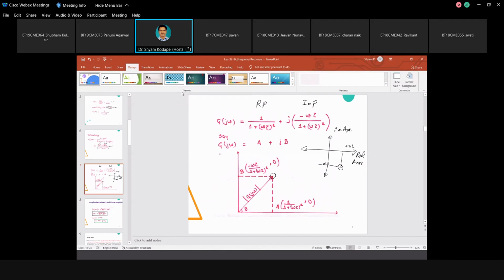Now let's see. Our aim is to determine the amplitude ratio and theta by using this complex algebra. This diagonal is called the modulus, or absolute value or magnitude, of G(j omega).